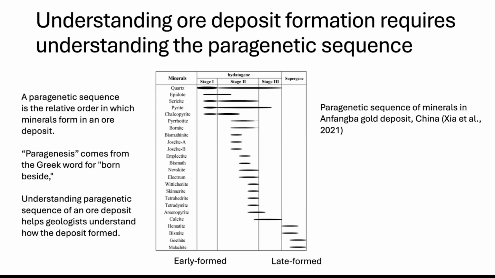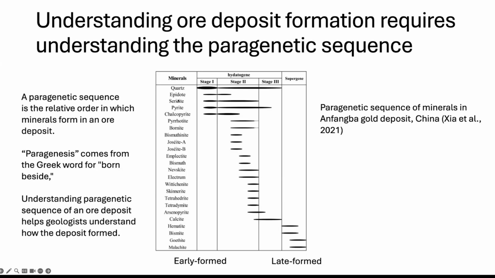Now, understanding ore deposit formation requires understanding the paragenetic sequence. So paragenetic sequence is the relative order in which minerals form in an ore deposit. So what you can see here, these are all of the minerals that are in this sample, right?